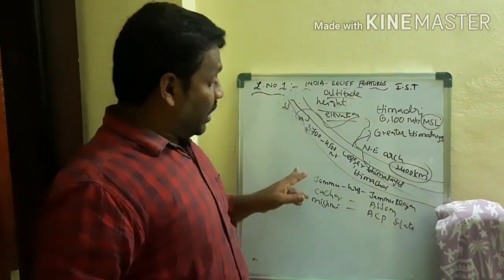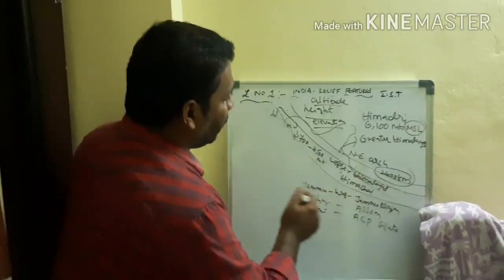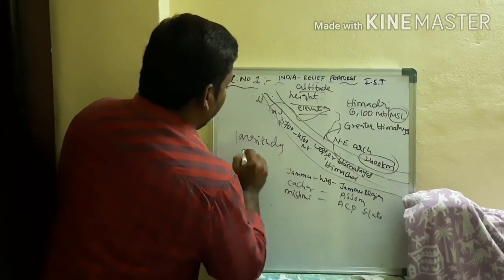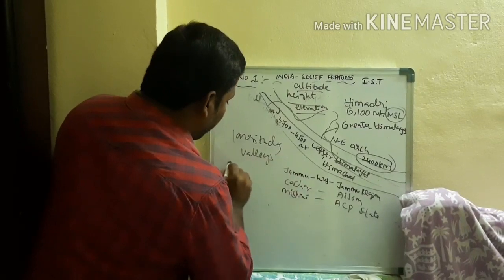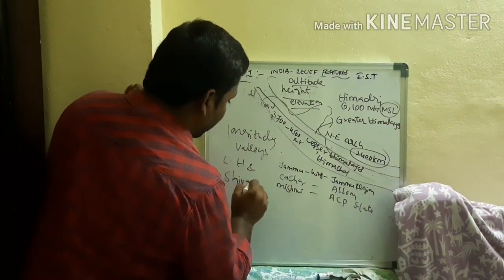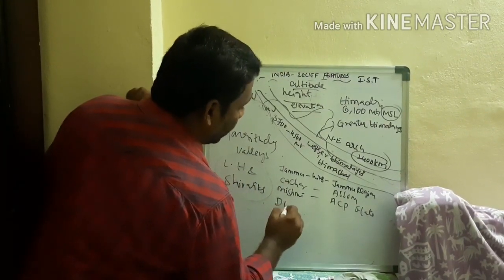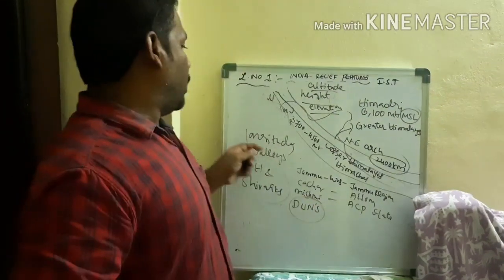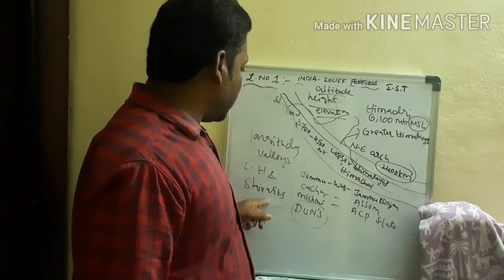Next, the longitudinal valleys which are situated between the Lesser Himalayas and Shivaliks are called what?